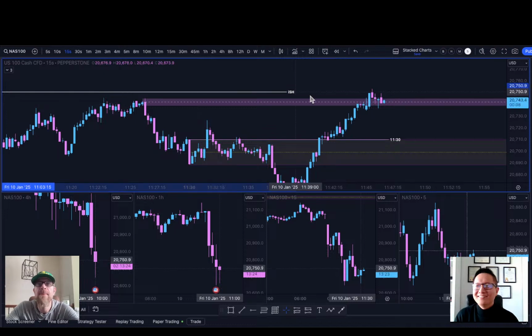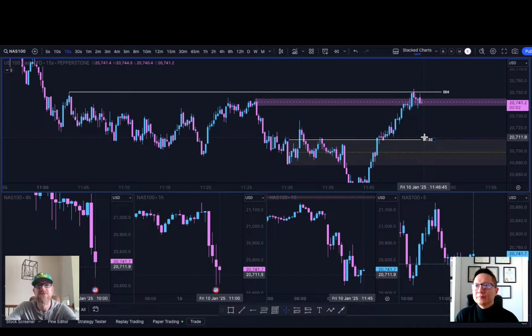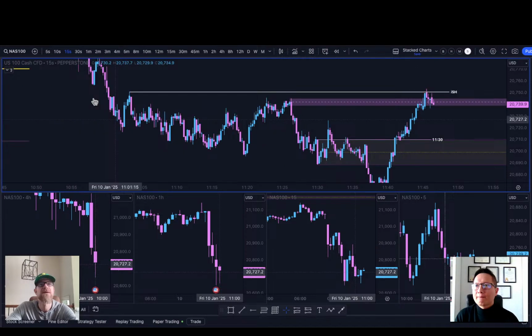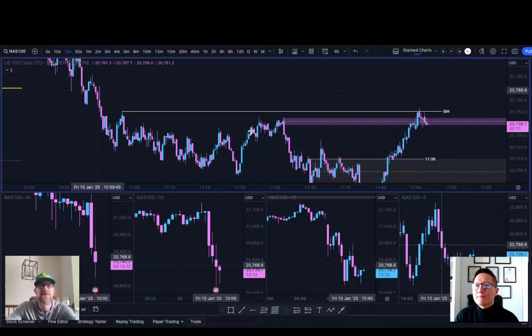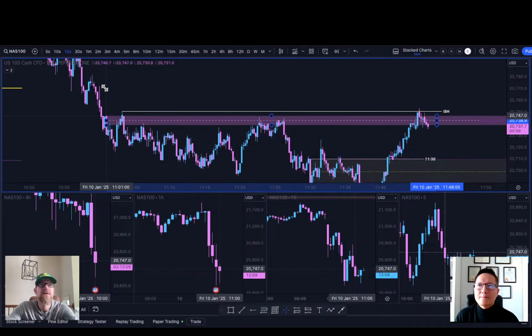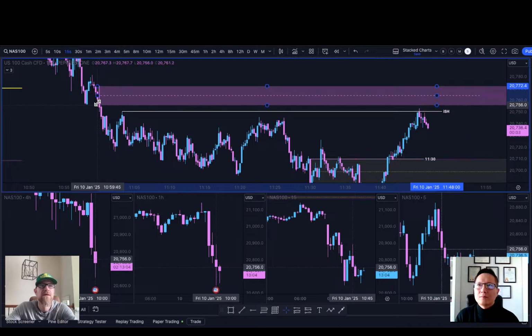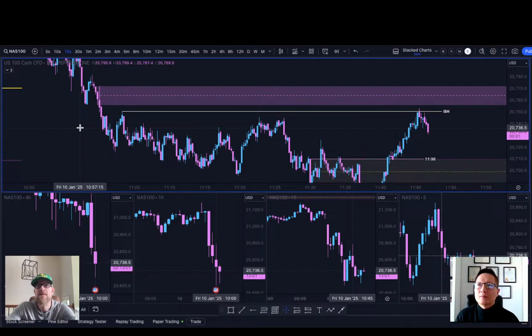So we swept that high, but we did not break the high because that's the internal strong high. That's what matters. And again, we never tested this wick, which was the buy to sell that took out this low.